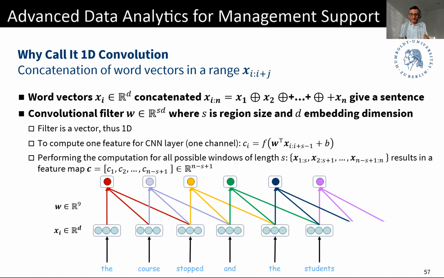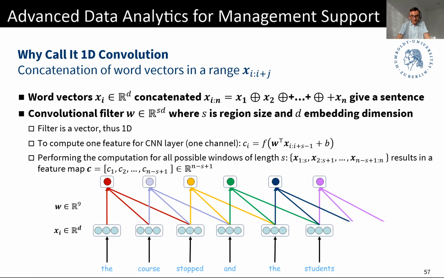And then by performing all the possible computations for windows of a certain length of your region size, you obtain a feature map, which also effectively, if you picture it flattened, is a vector. And you can work out the dimensionality of this result by just applying the formulas we introduced in the CNN chapter and you saw earlier on the slide.